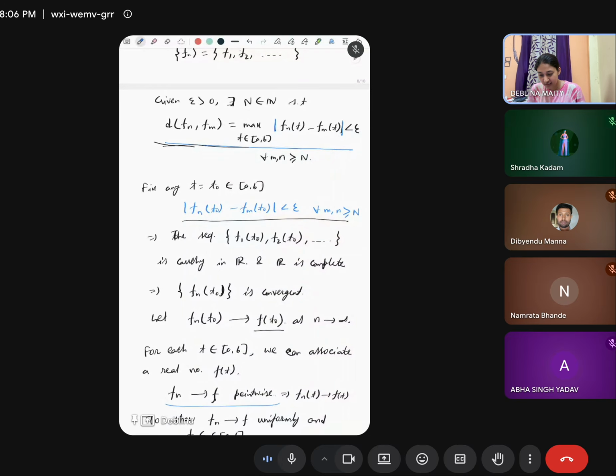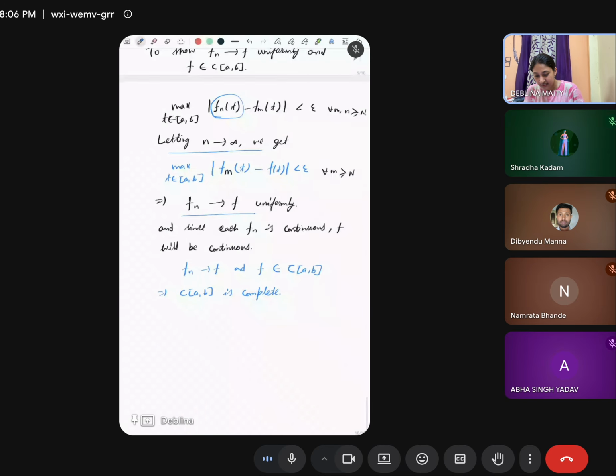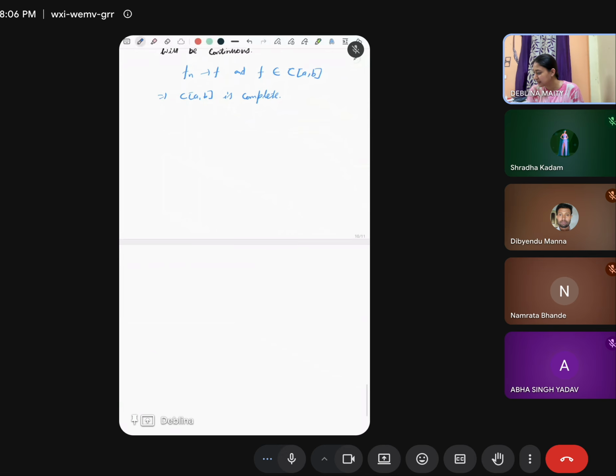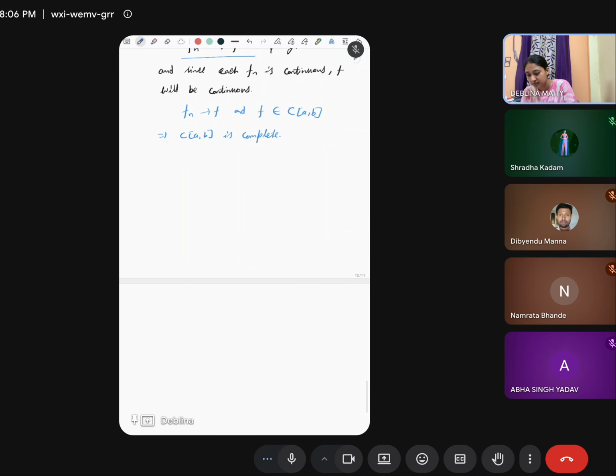Okay, next we'll see a result which gives a necessary and sufficient condition for completeness. So this is maybe Theorem 3, I guess.